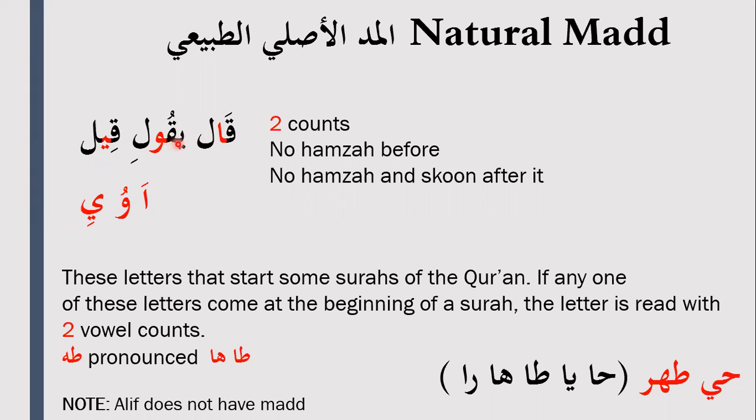So the letters of mud are preceded by a matching vowel. So the vowel of alif is fatha, the vowel of waw is dhamma, the vowel of ya is a kasra. So it matches, the short vowel matches the long vowel, and the short vowel will always precede the long vowel, if that makes sense. So again, short vowels precede the long vowels.